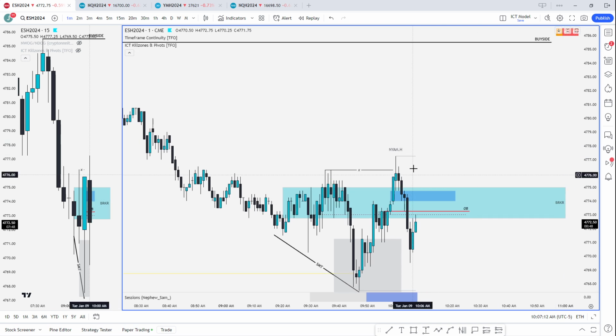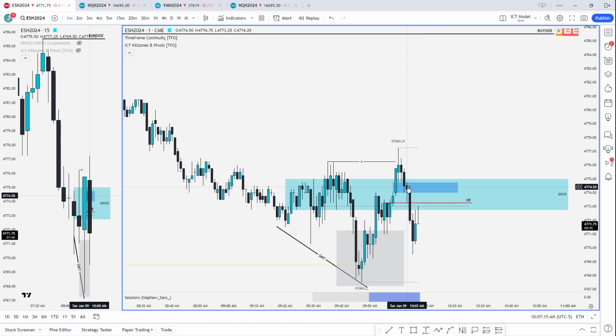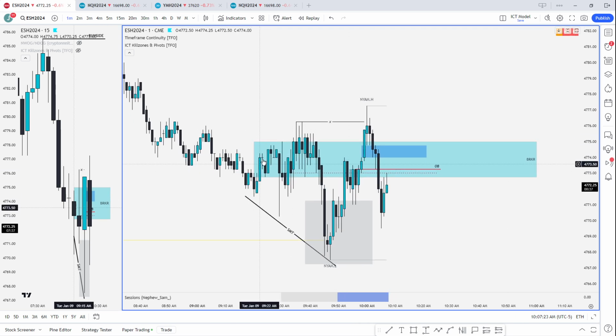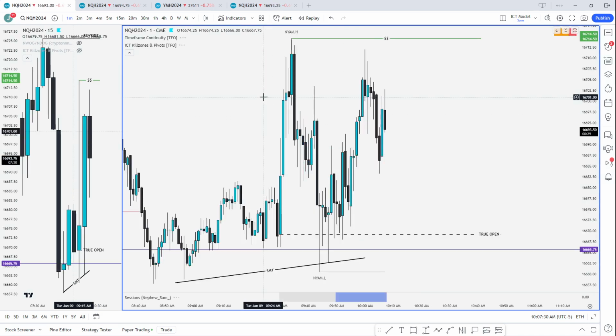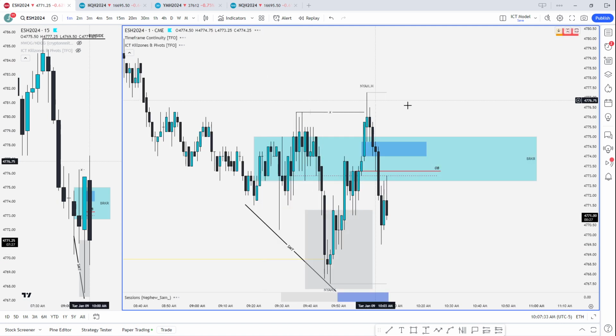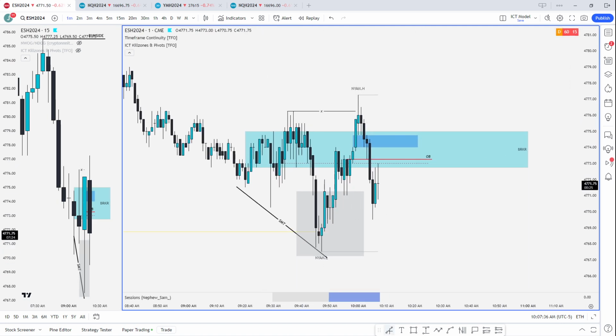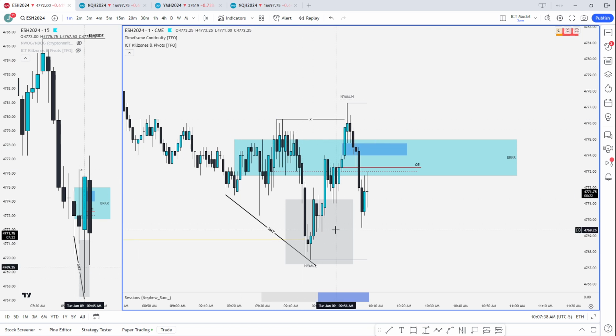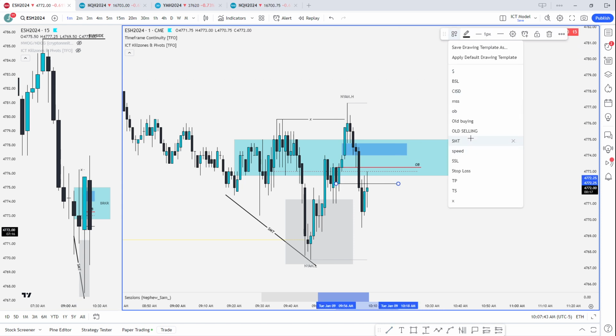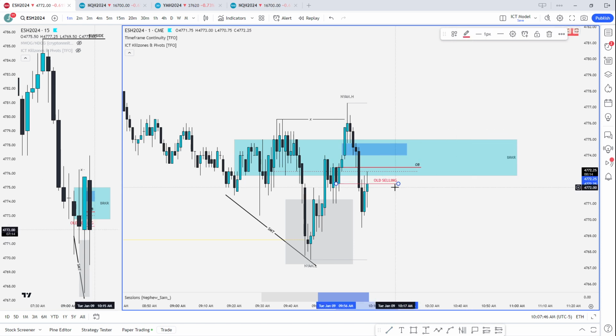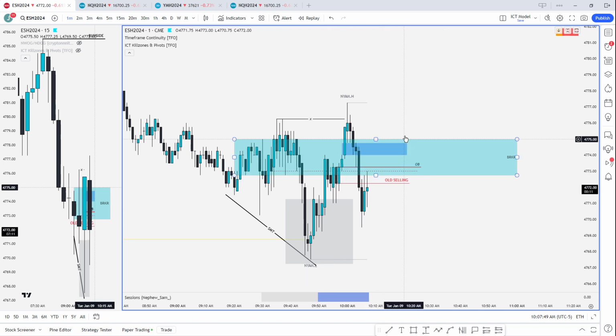So if you just saw a wick into the premium end and then we fly off of it, that's your optimal entry. But after this candle closed here, this candle closing all the way below the breaker again, that invalidates the whole idea, for me at least, where we have a breaker and inversion gap that once we close above, if you're familiar with the old buying, old selling concept, I think I have another video on that, but if you're looking at a market maker model and we have inversion gaps on the other side, inversion order blocks on the other side, once we close below them, preferably you don't want to see a candle body that's placed back above that range.